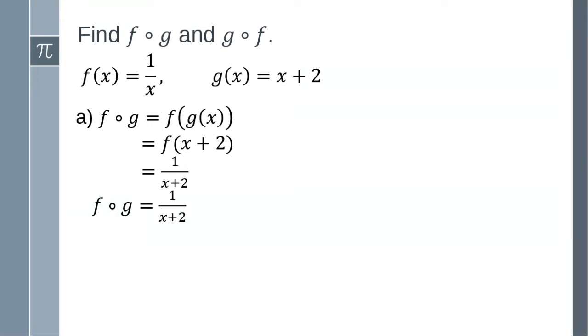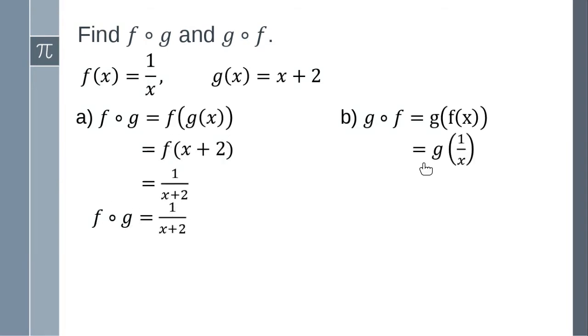Okay, so let's go ahead and do B. G dot f, so this means g composed of the function f of x. So let's go ahead and replace f of x with its representation. So we have g, and our input value is 1 over x. So everywhere we see x for our function g, we're going to replace it with 1 over x. So we have 1 over x plus 2.